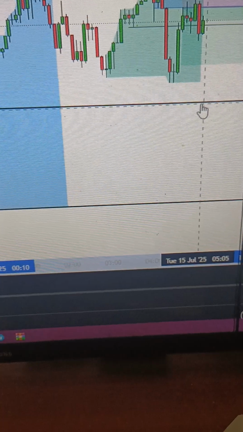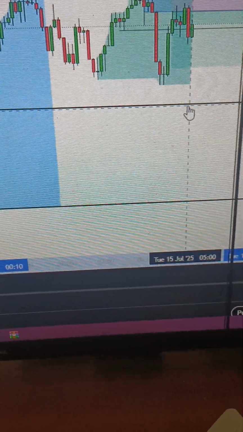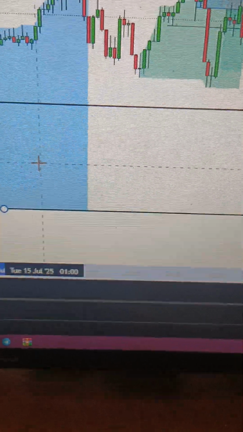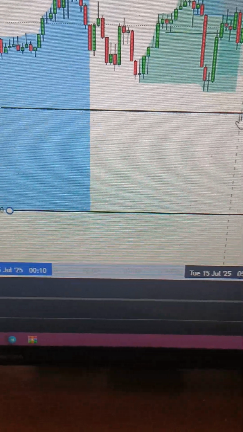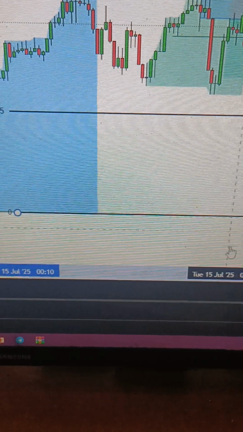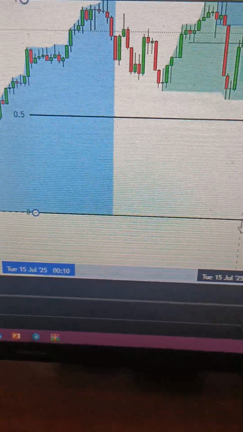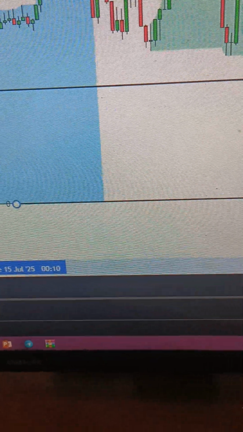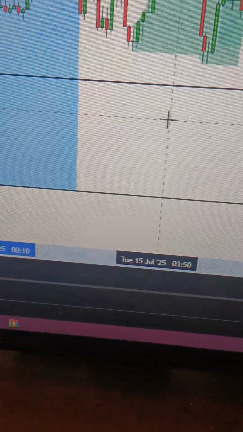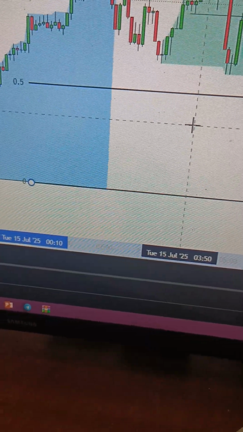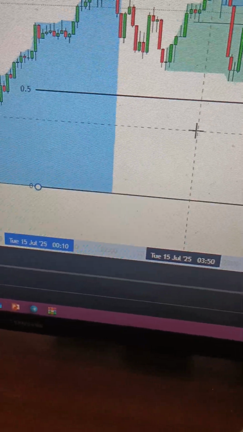If you take maybe two trades, you take your first take profit at the 50% of the Asian range, you take off some profit, and then at the Asian low, you take the rest of the profits. So that is the strategy. I hope you have learned something today. This is a beginner-friendly strategy.